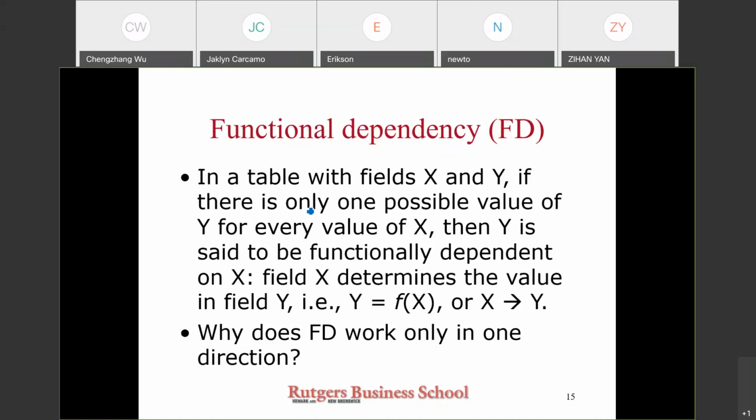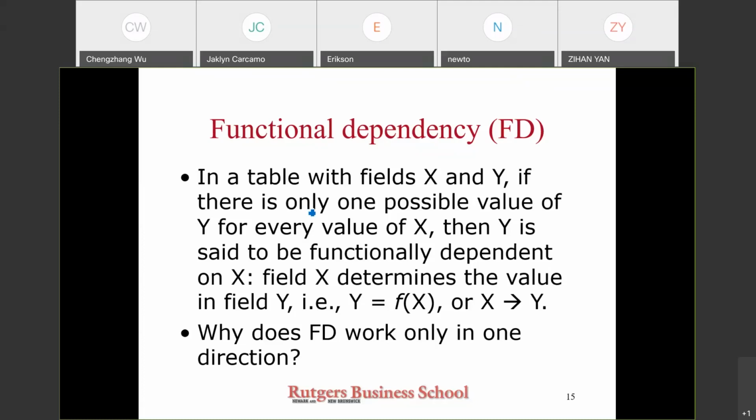So let's consider an example to explain functional dependency. In a table containing the data about a student, not only one student, but many students.